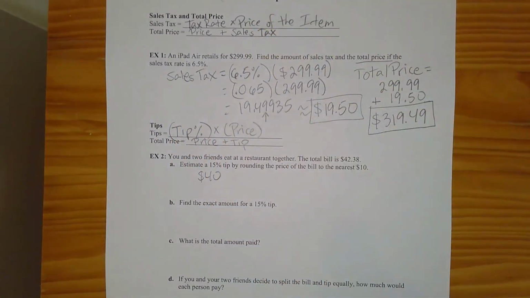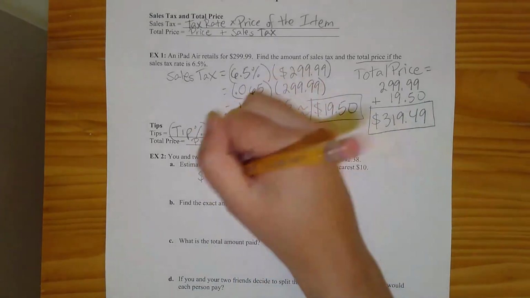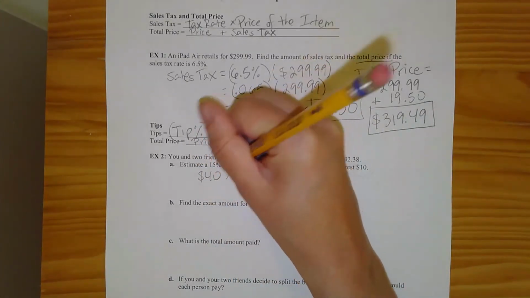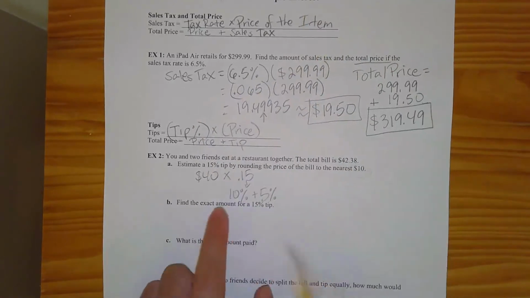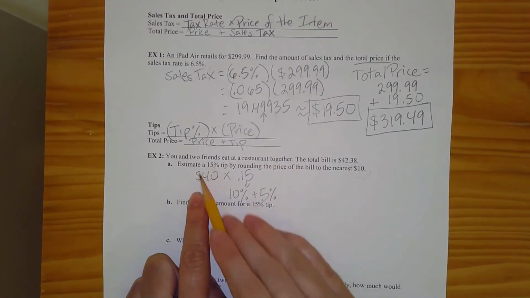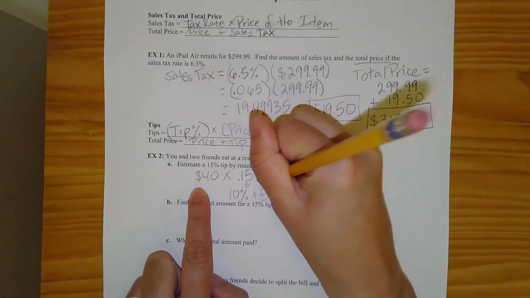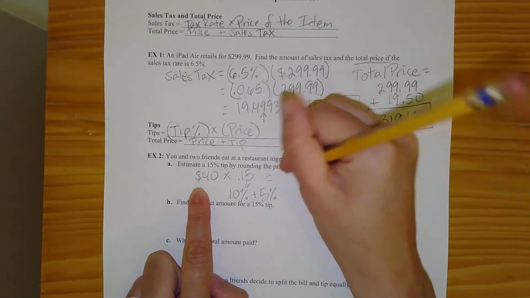Then we want to estimate a 15% tip. So you're doing $40 times 15%, because 10% of something is pretty easy to find, right? 10% would just be moving your decimal place over once. So 10% of 40 would be 4.